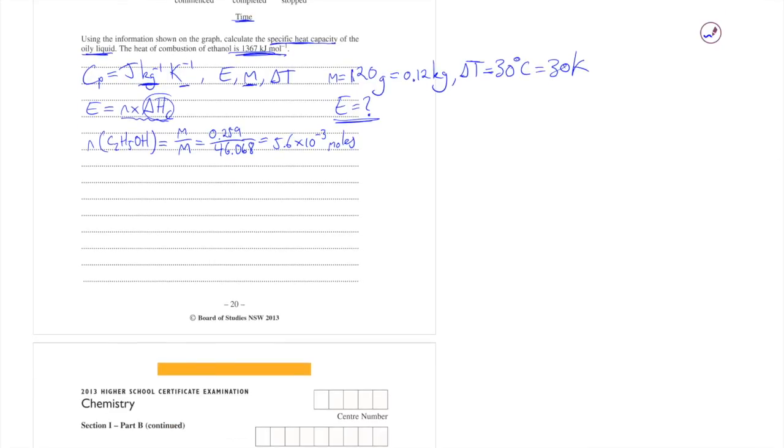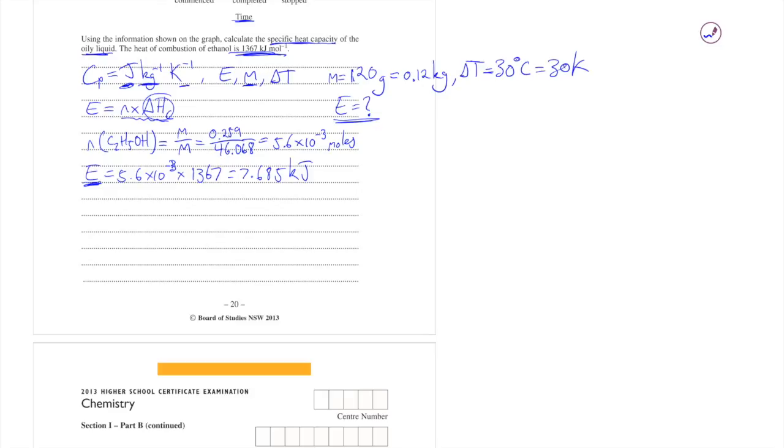So all we're simply going to do is energy is equal to 5.6 by 10 to the minus 3 times 1,367, which gives us 7.685 kilojoules. Fantastic.